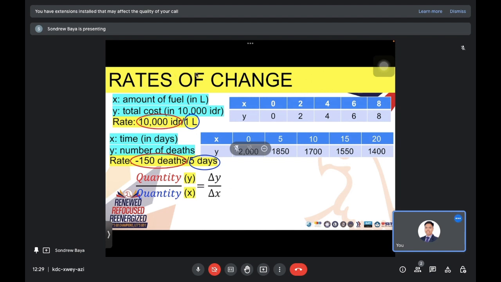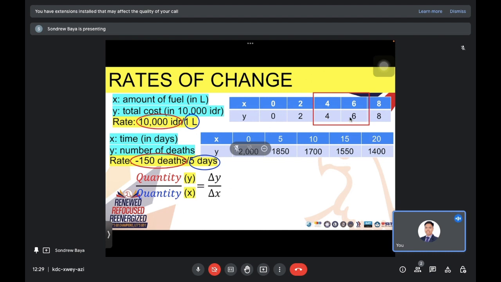For example, for you to be able to understand it properly, let's try to focus on these two values in the table of values for the first one. In this table of values, we can see that for the amount of fuel, it's from 40,000 going to 60,000. That's the y.